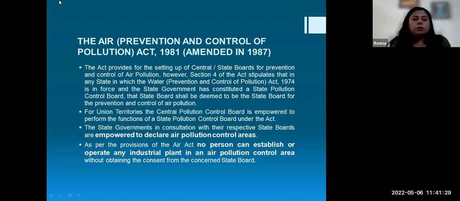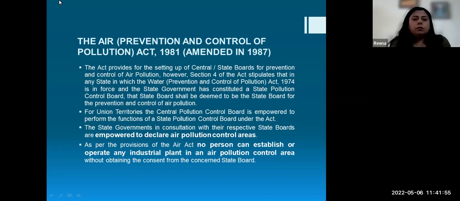So for any such control area, there is a requirement of CTE and CTO. In an area where there is high pollution and it is an air pollution control area, the industry will not be given consent to establish or operate because of the deteriorating air quality.